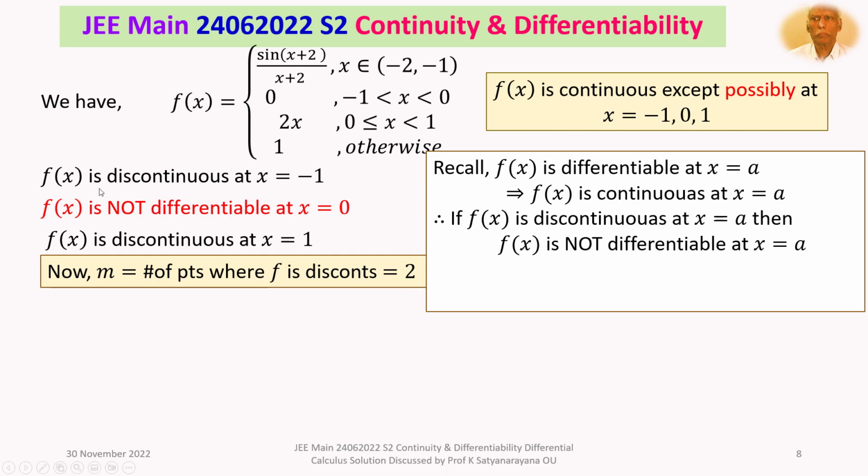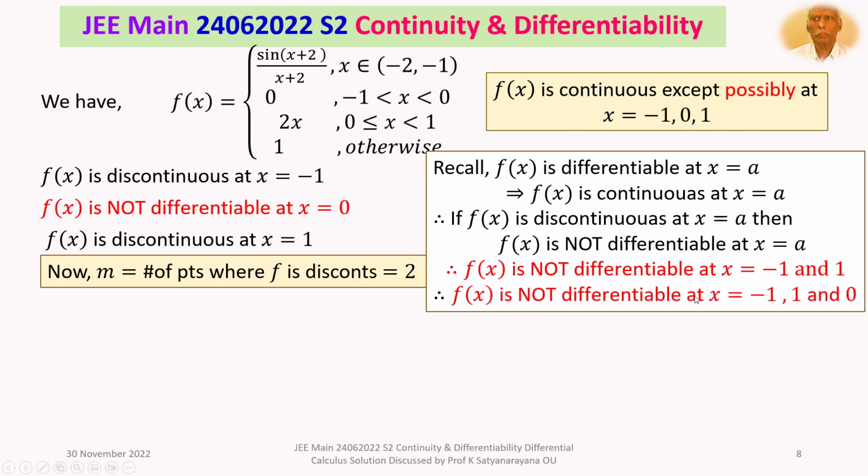f(x) is discontinuous at x equals minus 1 and discontinuous at x equals 1. Therefore, f(x) is not differentiable at x equals minus 1 and 1. And we have already seen that f(x) is not differentiable at x equals 0. So on the whole, f(x) is not differentiable at x equals minus 1, 1 and 0.